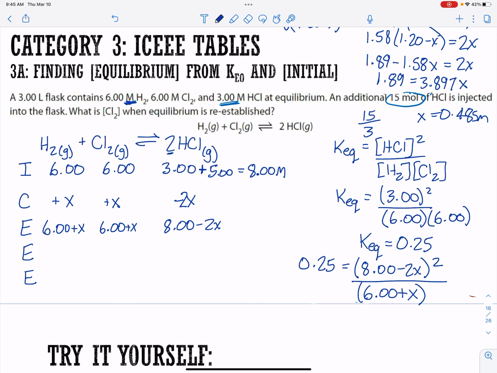I'm going to substitute that in for H2. I'm also substituting it in for Cl2, and the net result is it's going to be 6.00 plus x squared on the bottom. So I'm just going to write that as a squared. Makes it easier to see what we're going to do with this equation to solve for x. So I'm going to square root both sides.